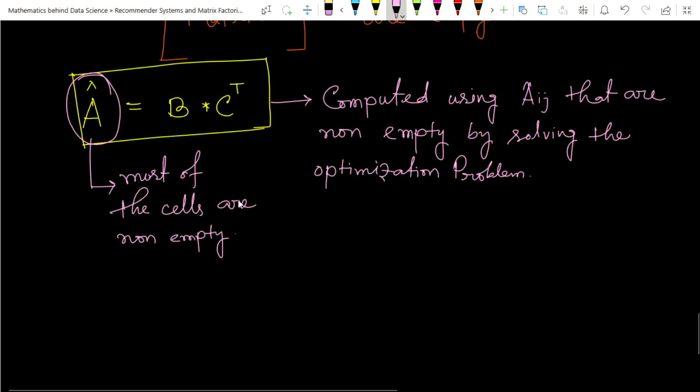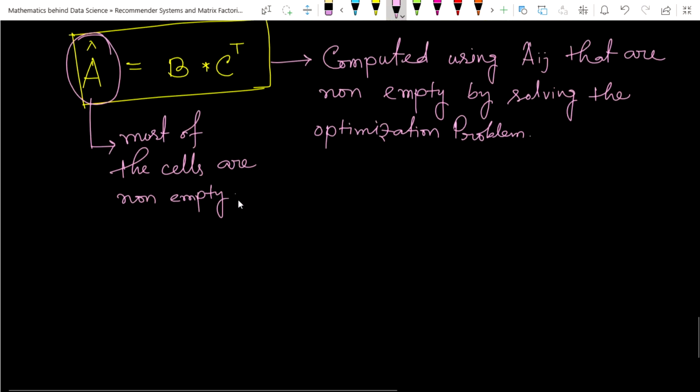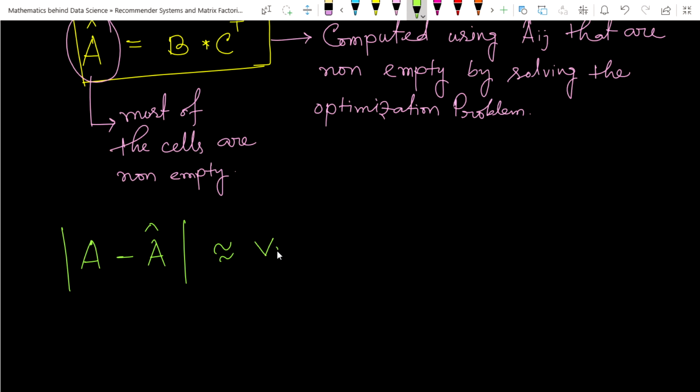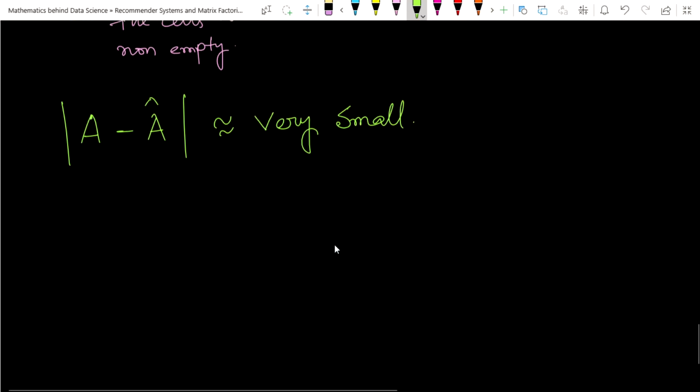These are the simple predicted values. The difference between A and A hat will be very small.